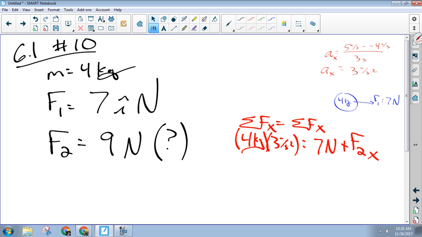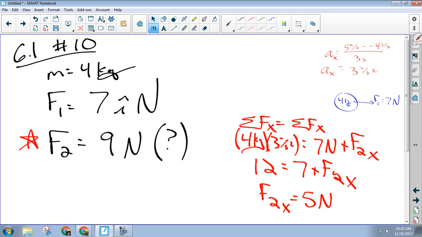Does that make sense, you guys? Yep. In other words, force 2 has some x component that we don't know. So you get 12 equals 7 plus the x component of force 2. So it looks like the x component of force 2 must be 5 newtons. Follow? Positive or negative? Positive, right?